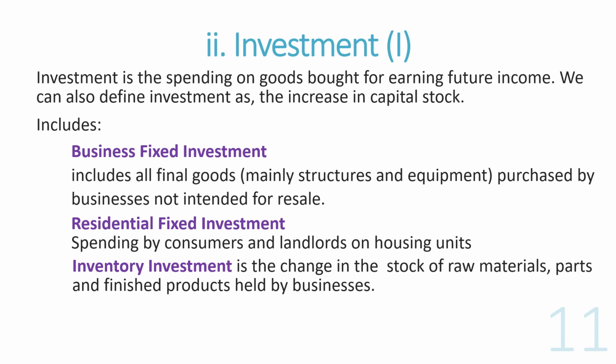In simple words, any goods that are unsold are automatically counted as a part of unplanned inventory investment. These three, business fixed investment, residential fixed investment, and inventory investment, make up the total of investment.